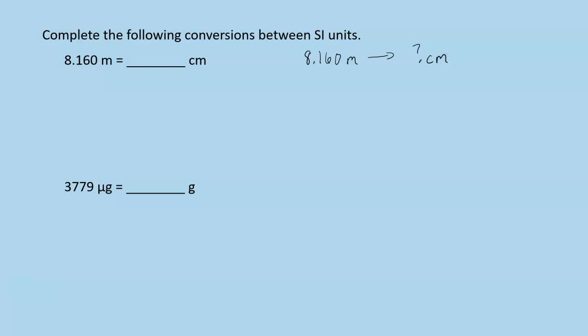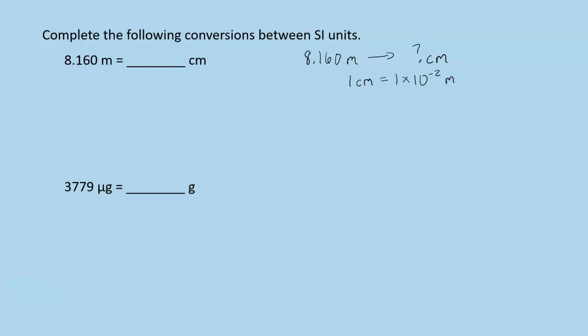Underneath that, we're going to put a conversion factor, and sometimes it may help to write it out just as an equality, and then we can create the fraction whenever we're writing out the problem. I need an equality that has both the meters and the centimeters. That's why it's important to memorize the equality that every 1 centimeter is equal to 1 times 10 to the negative second meters.